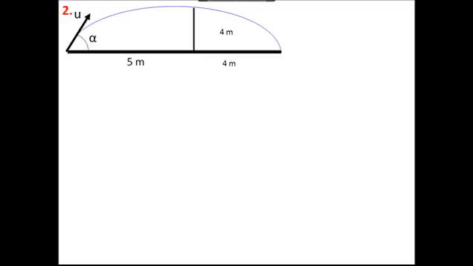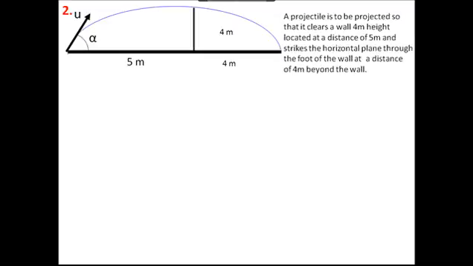In the second problem, statement of problem is like this: a projectile is to be projected so that it clears a wall 4 meter high located at a distance of 5 meter and strikes the horizontal plane through the foot of the wall at a distance of 4 meter beyond the wall. This also perfectly fits in our type 1, wherein we are going to use standard formulas.